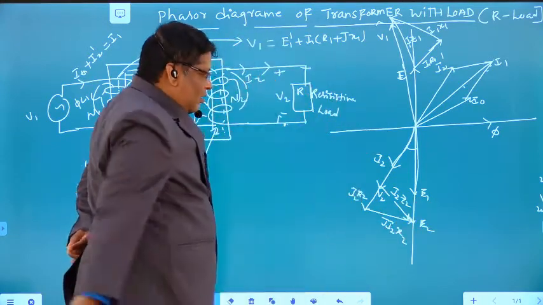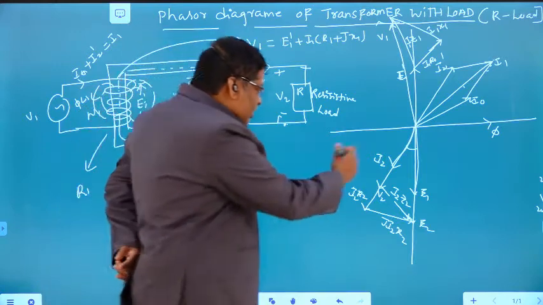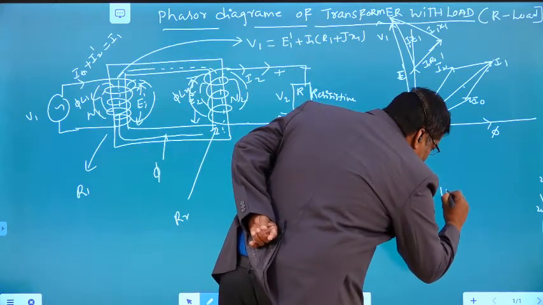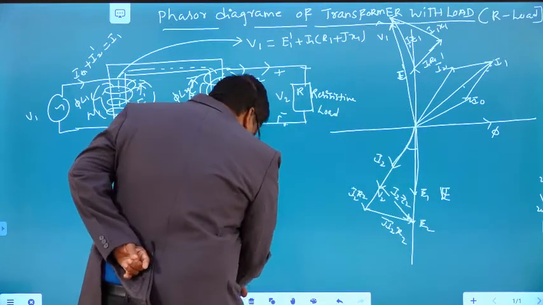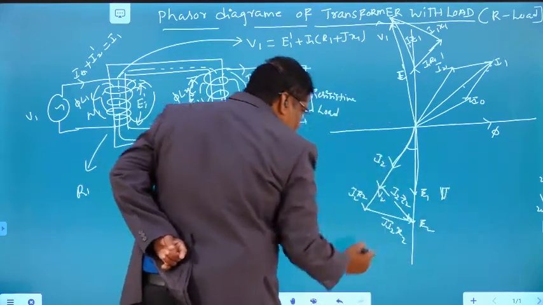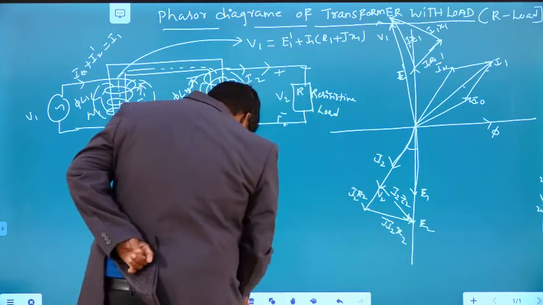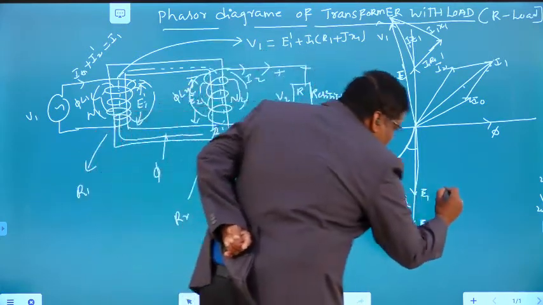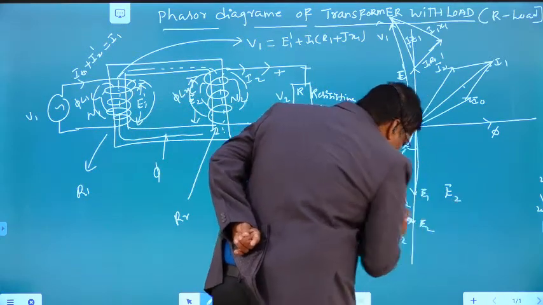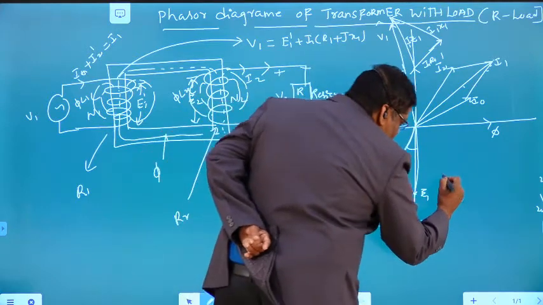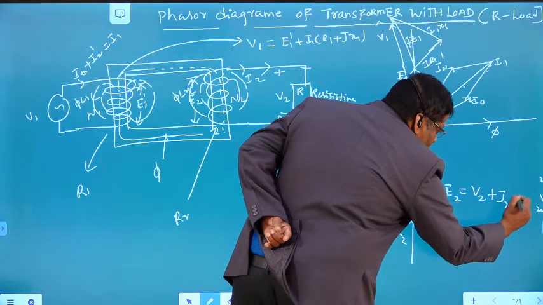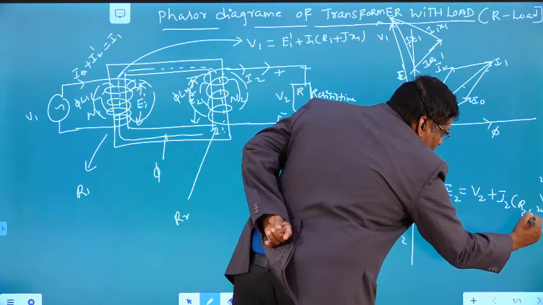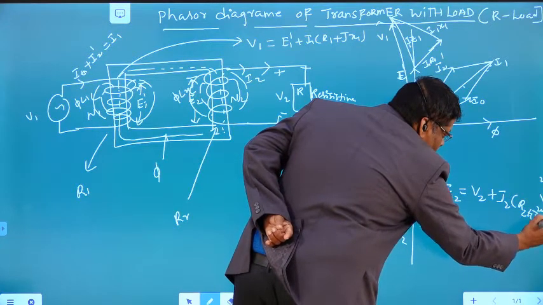If we write the voltage equation here for the secondary, from this phasor, E2 equal to V2 plus I2 into (R2 plus JX2).